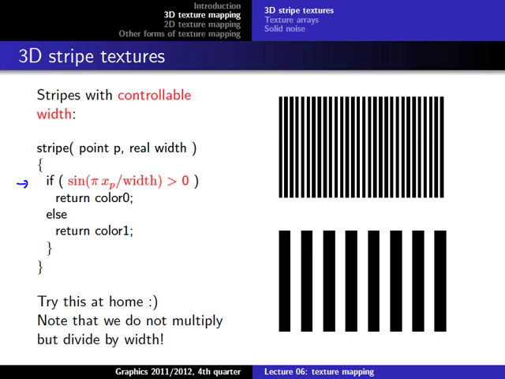So you might wonder now, if I want to scale something, for example make it twice as large, why do I have to divide? Do I not have to multiply?